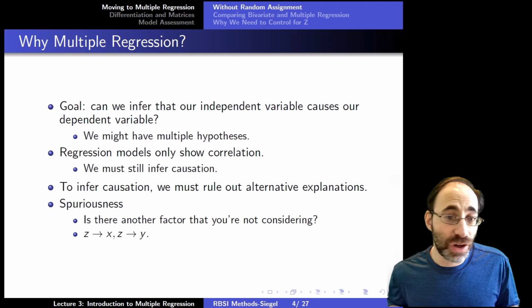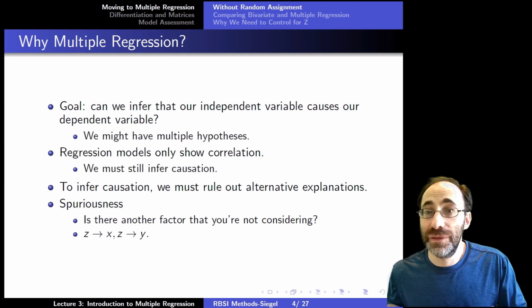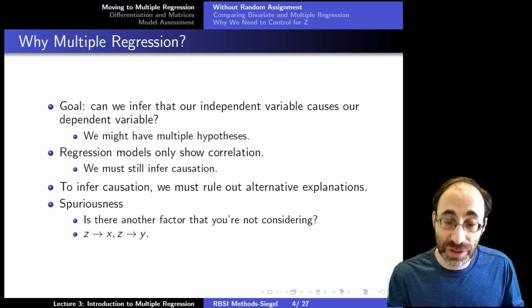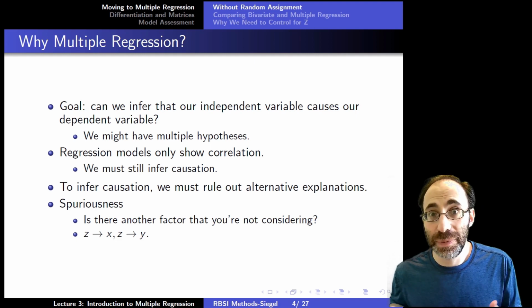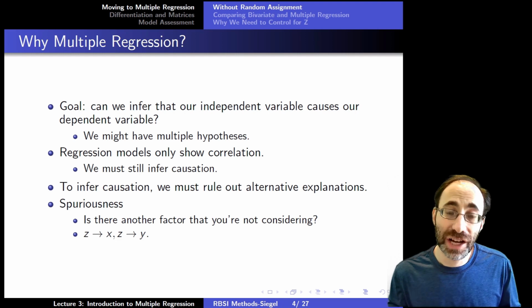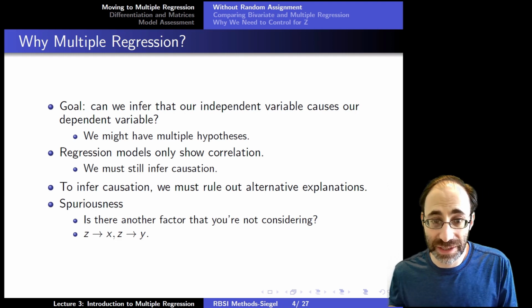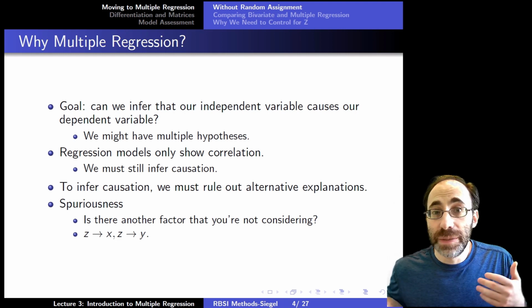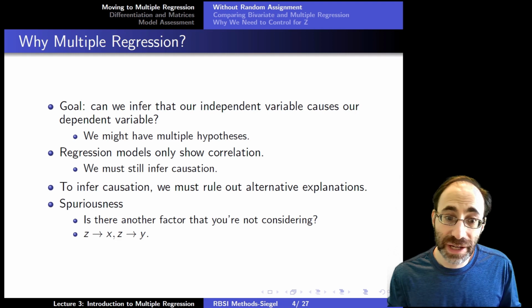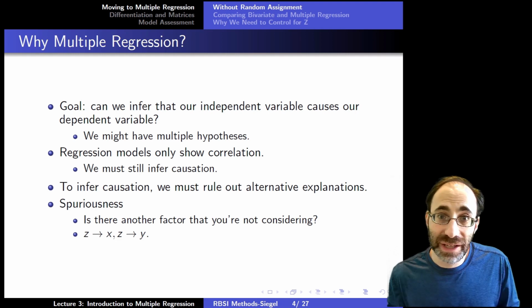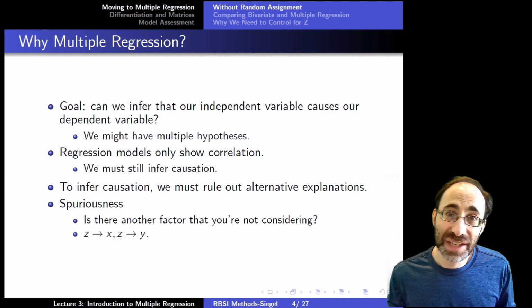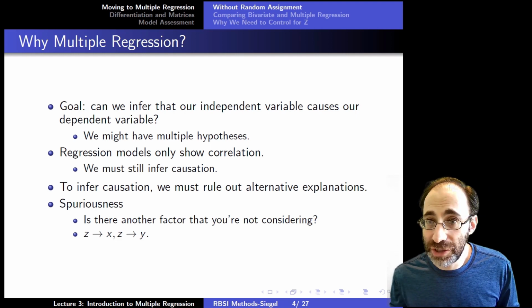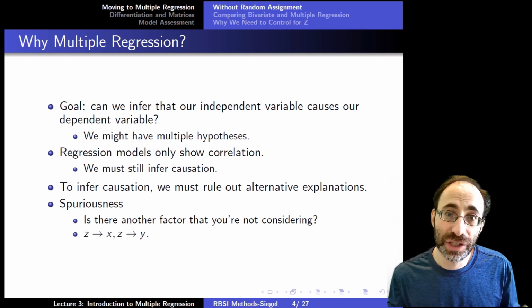The regression models themselves only show correlation. We must infer causation as usual. And to infer causation, as usual again, we must rule out alternative explanations by rejecting the null hypotheses for these. Going back to a while ago now, spuriousness was an important confounder we discussed, in which there might be another factor, z, that we're not considering, and if z leads to x and z leads to y, then it might not be the case that the correlation between x and y is due to any causal relationship.